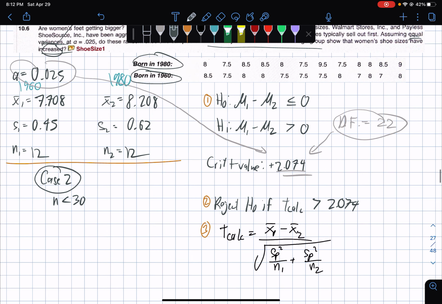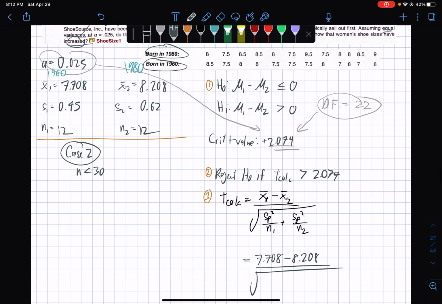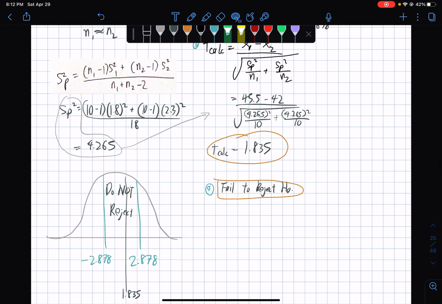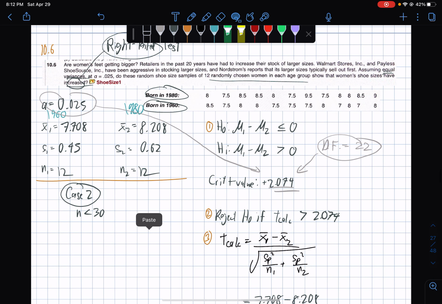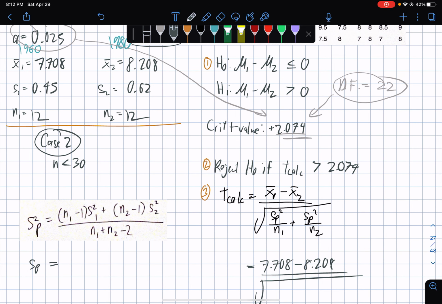Okay. Sub the values. So x bar 1, 7.708, minus 8.208, divided by, oh yeah, again we have to compute for the Sp squared, with n1 minus 1. Yeah, just go with the flow. I think you can already understand where this is going, so I won't be speaking that much anymore.